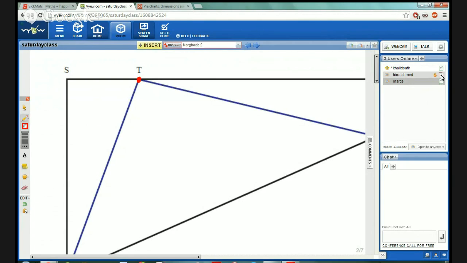Okay. Just tell me what you do. Make a straight line. I'll be with you in a second, Hira. Okay, it's called bisecting an angle. How do you bisect an angle?